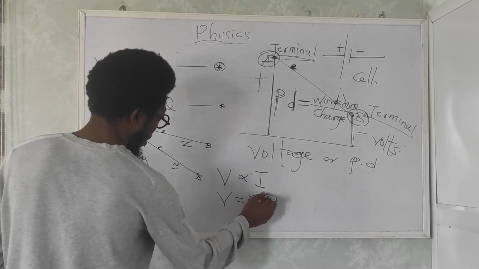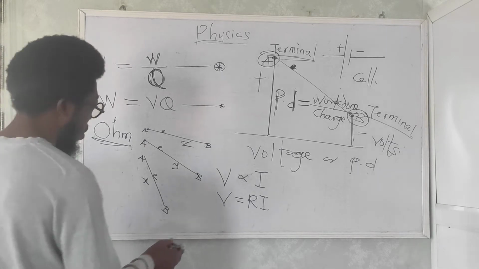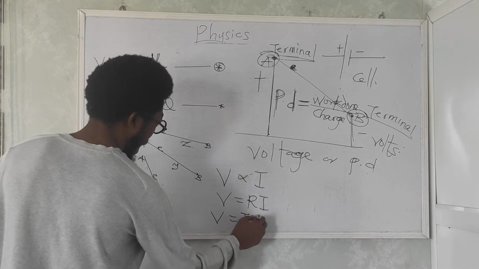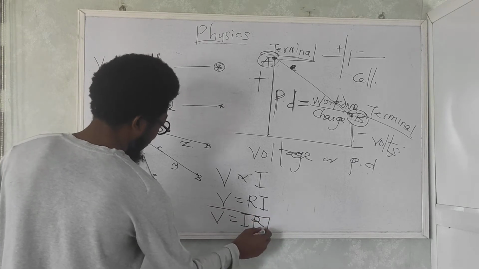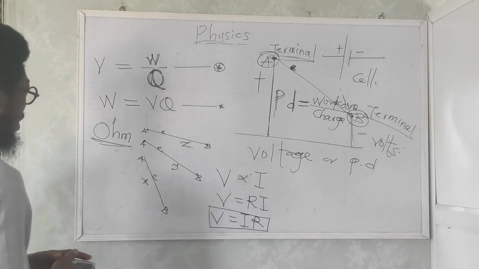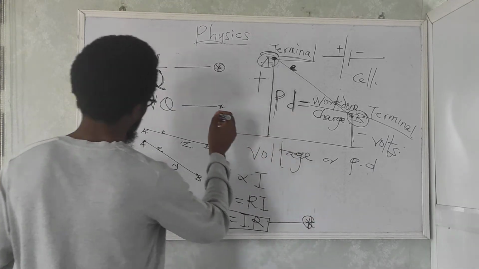And then we have IR. Maybe we should arrange it alphabetically. We must have gotten something that looks like V equals IR, and this is what we refer to as Ohm's law.